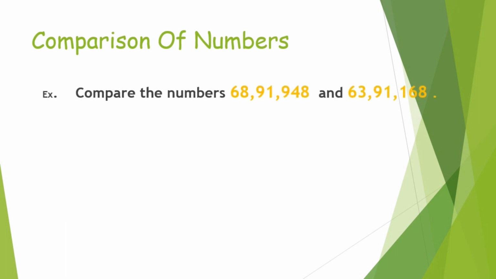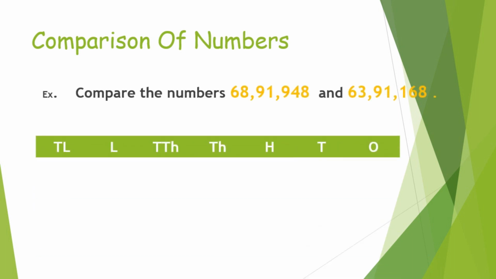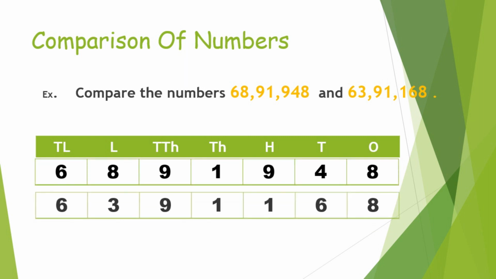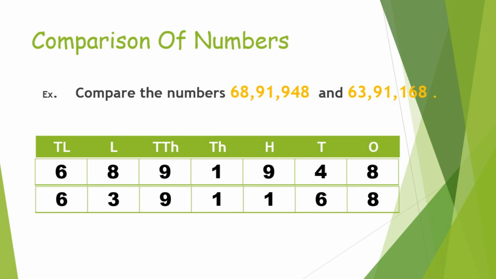Next example. Again we'll place both the numbers in the place value chart as they are having the same number of digits. After placing them, we are going to compare each digit from the highest place. Remember this, from the highest place. So first, on the 10 lakhs place, it is 6. Both these numbers are same. So we'll go to the next place.